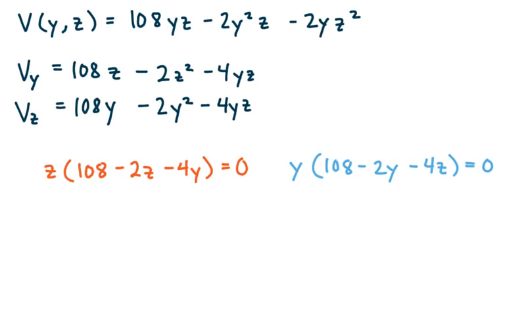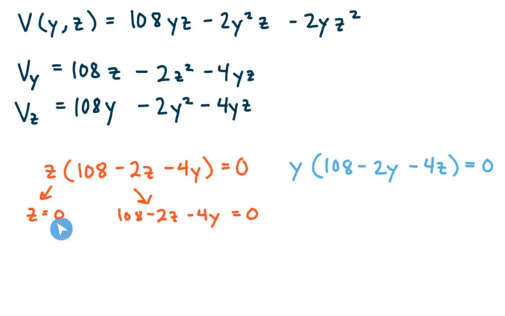So I went ahead and factored out a z and a y. Now we have two variables, two equations. Looking at this, one thing I would do is say z equals 0 or 108 minus 2z minus 4y equals 0.